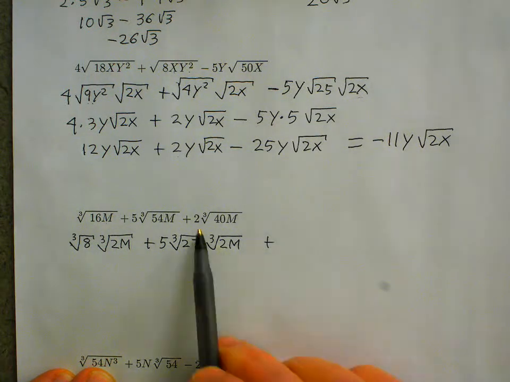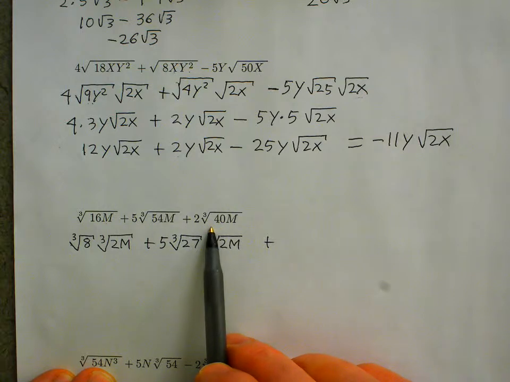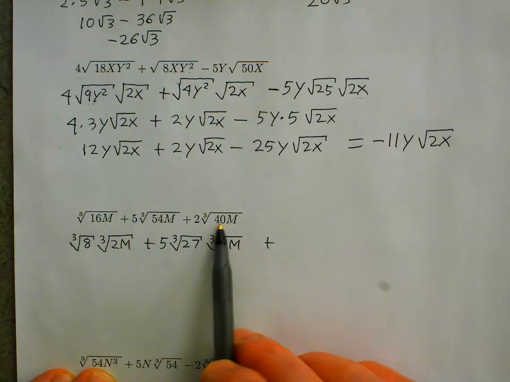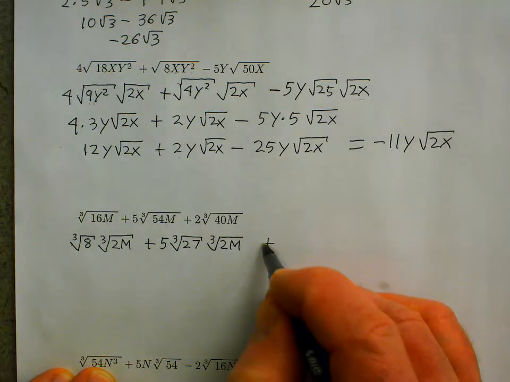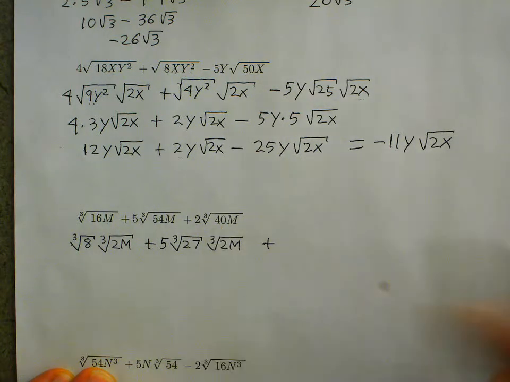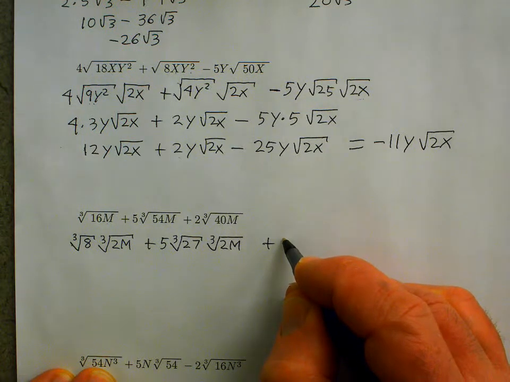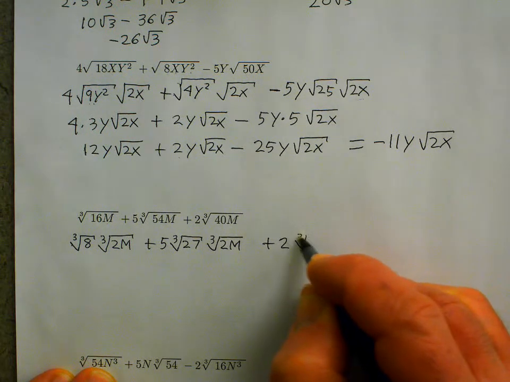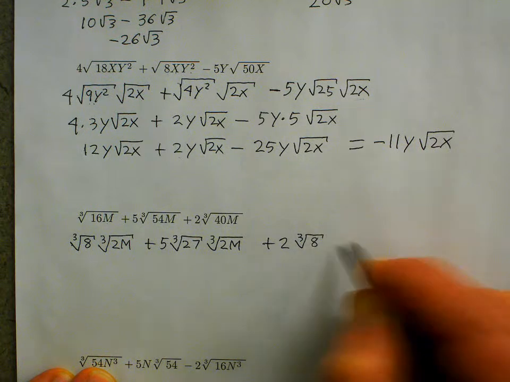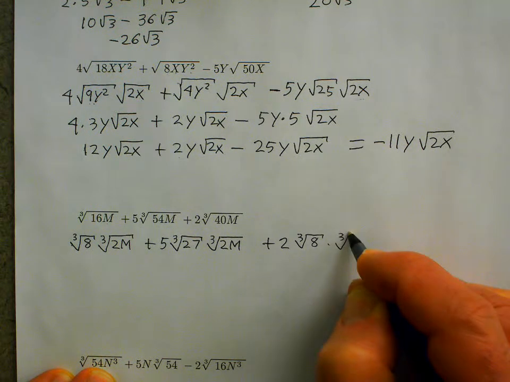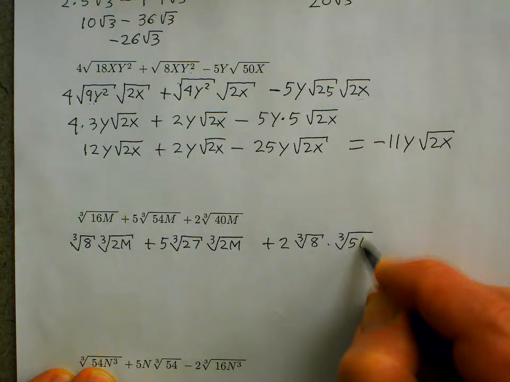And then the third term, the largest factor of 40 that's a perfect cube is 8. 8 times 5 is 40. So we will rewrite this as 2 times the cubed root of 8 times the cubed root of 5m.